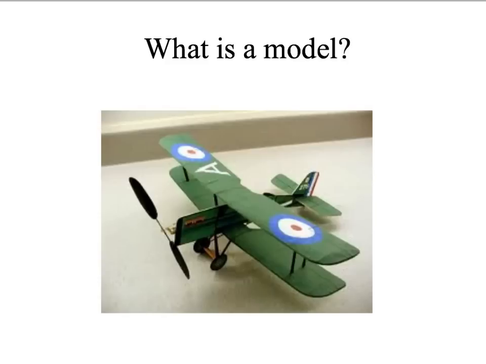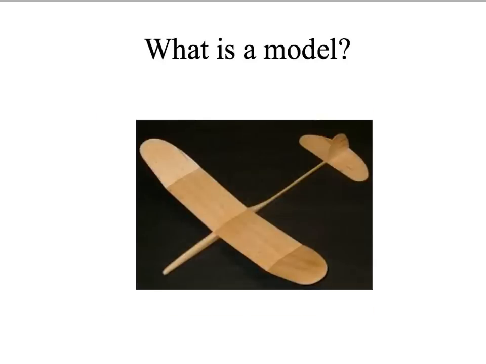But let's say that the purpose of our model is to have fun flying it in a field near our house. Well, in that case, the plastic model is not very useful. It is the wrong kind of model for our task. Rather, we might want to build a model like the one pictured here, a model made of lightweight wood and sturdy enough so that it won't fall to bits when it lands.